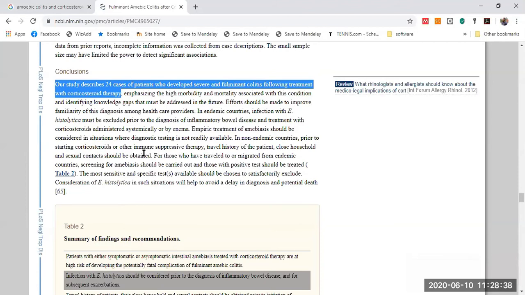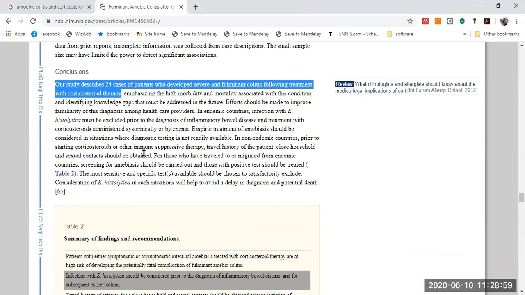Still, they have not mentioned the reason why this occurs, but they mentioned that usually this infection occurs in endemic areas, and the proper diagnosis is very important for a patient having Amoeba histolytica before giving the treatment of corticosteroid.